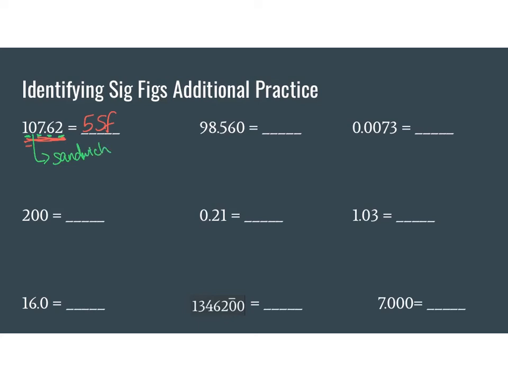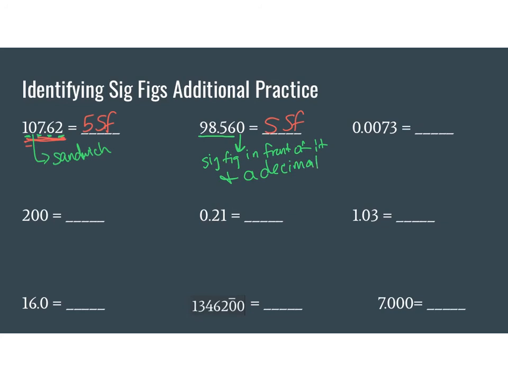As we move on, what we're going to see here is, again, we have 5 sig figs. The reason why that is all these values are significant. This 0 has something significant in front of it, so sig fig in front of it, and a decimal.